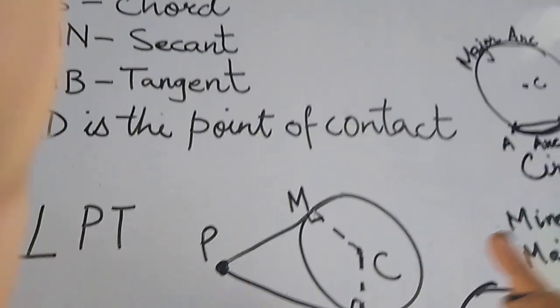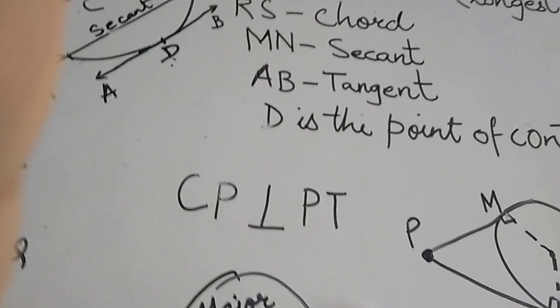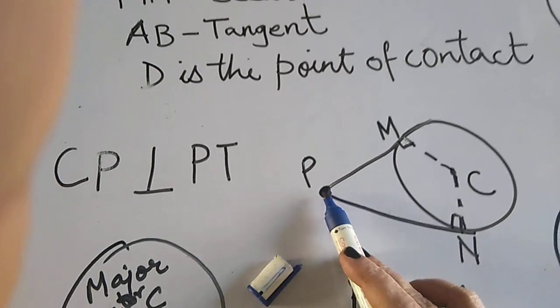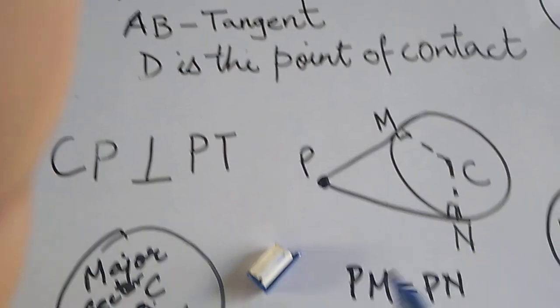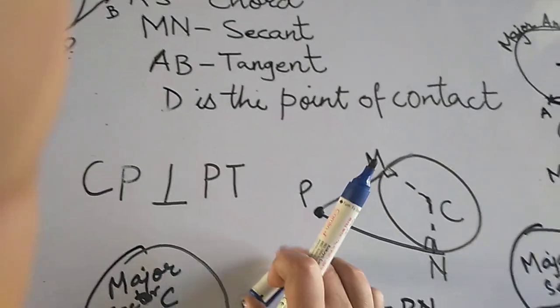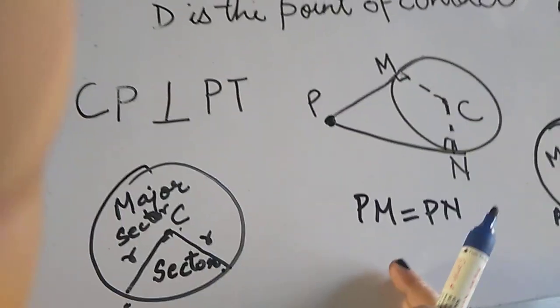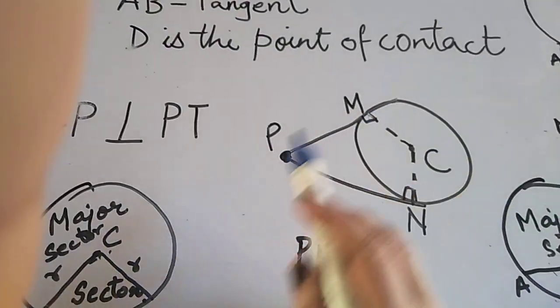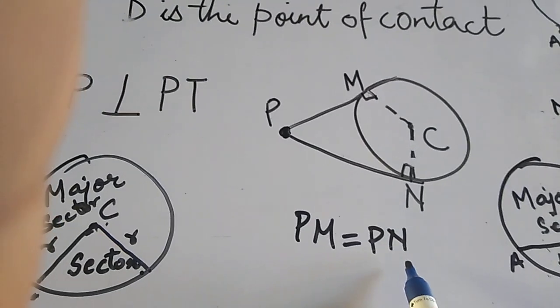If there is a point on the circle, only one tangent can be drawn from there. But if the point lies outside the circle, two tangents can be drawn and both the tangents are equal. All this you will be using in solving the exercise, children. Tangent is perpendicular to the line from the center. The tangents from an external point are equal.